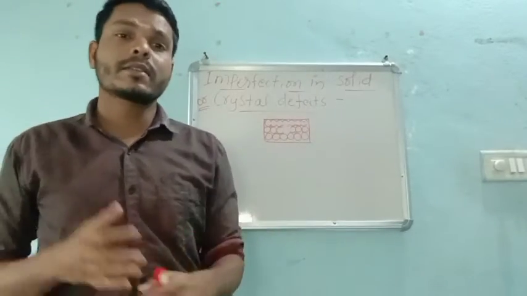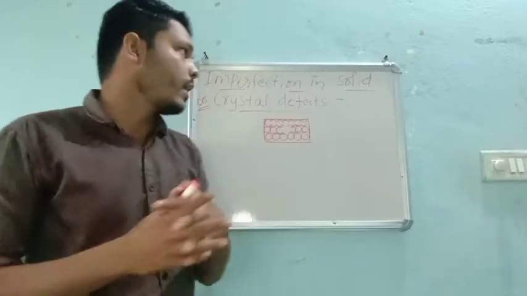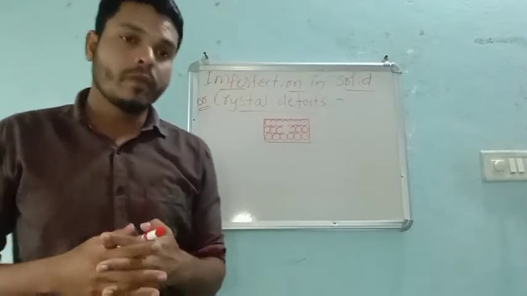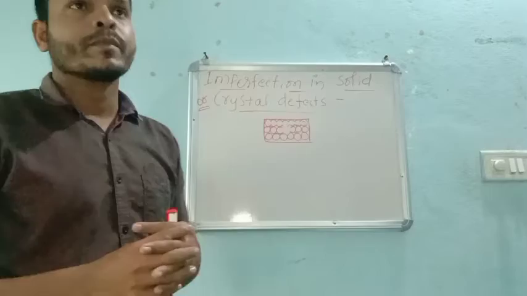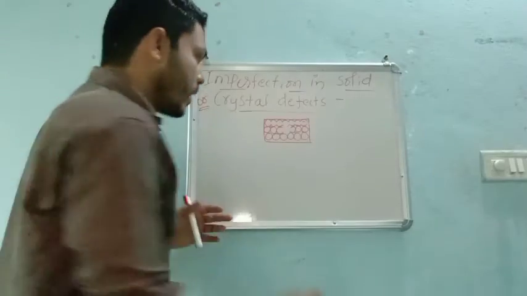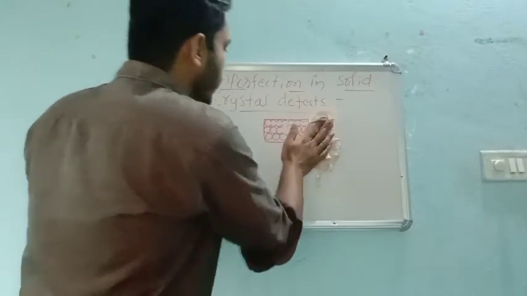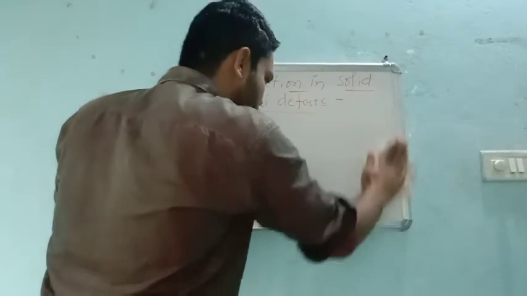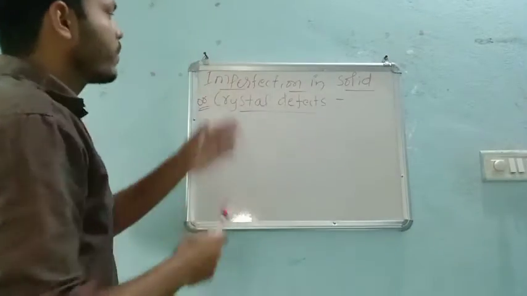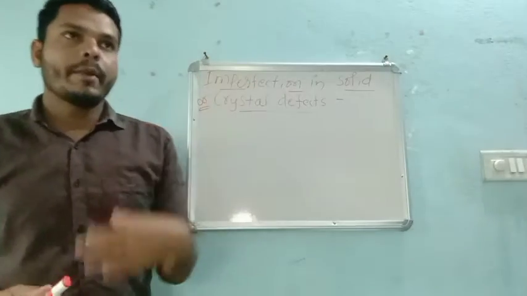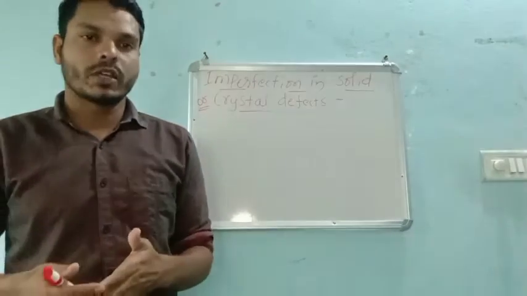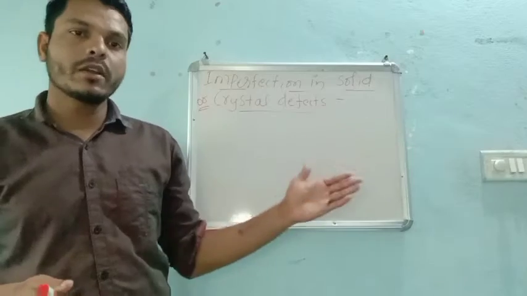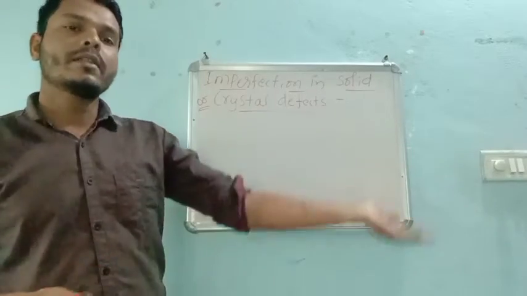These are the different imperfections we will see in the case of solids. Imperfection is nothing but deviation or departure from the original or regular site to another site.